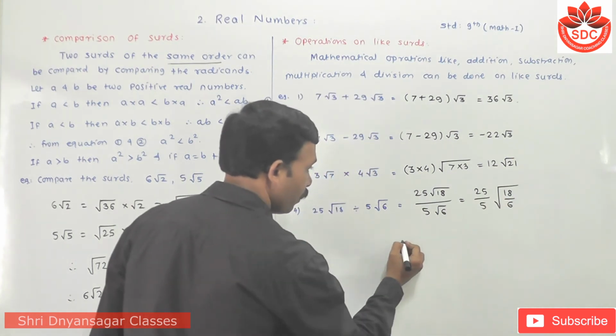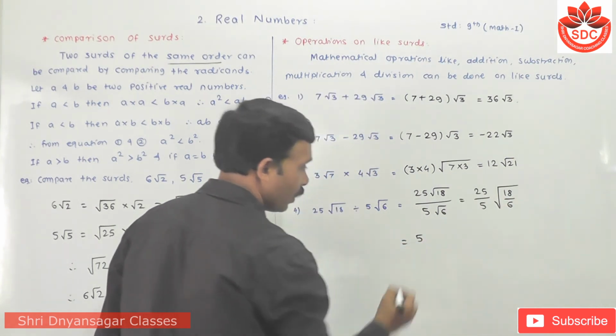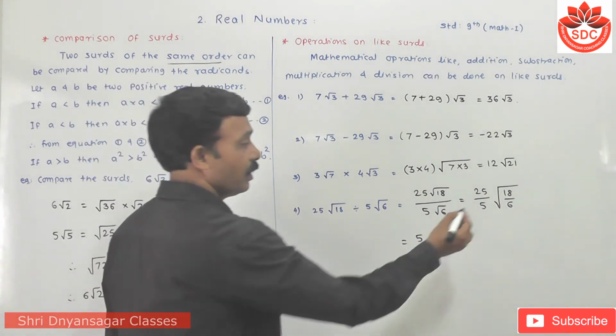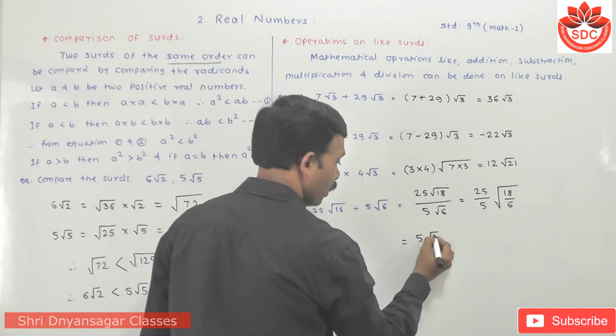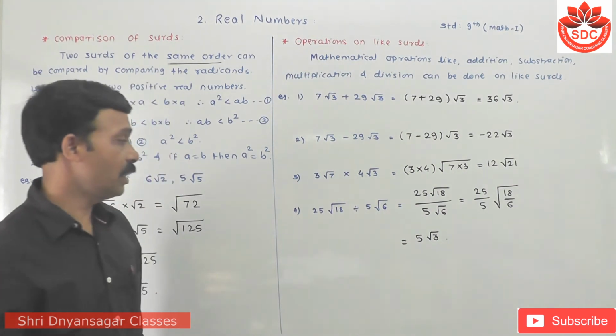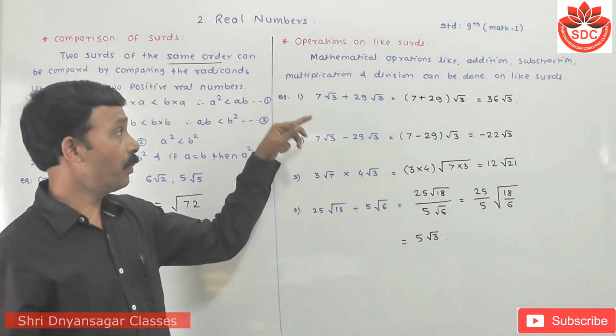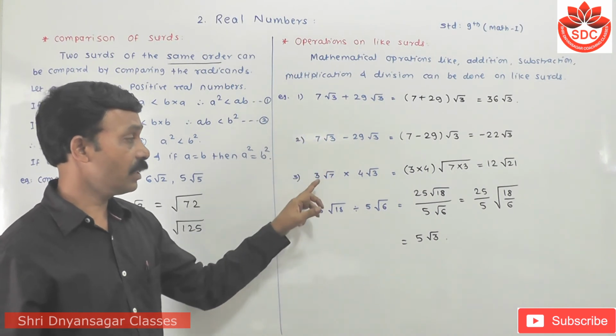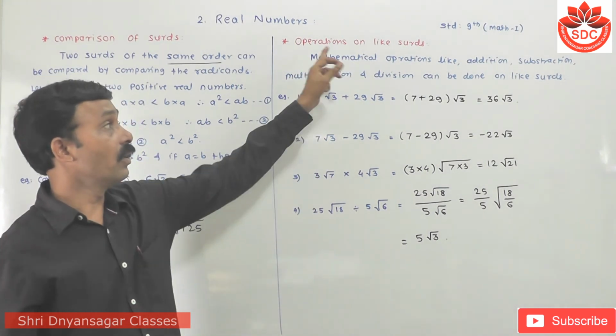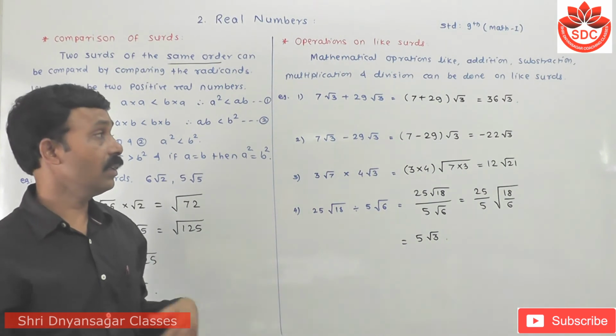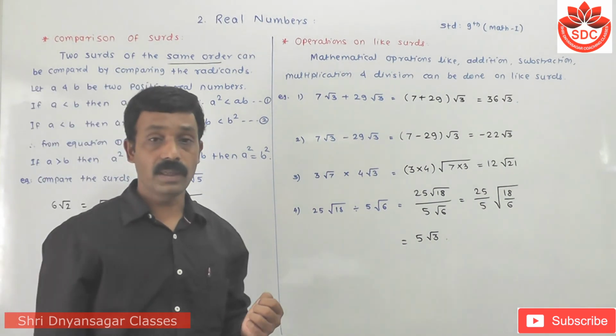When we divide, 5 fives are 25, and 6 threes are 18, so the answer is 5 root 3. This is the division for question number 4. Hence, we take operations like addition, subtraction, multiplication and division on like surds.